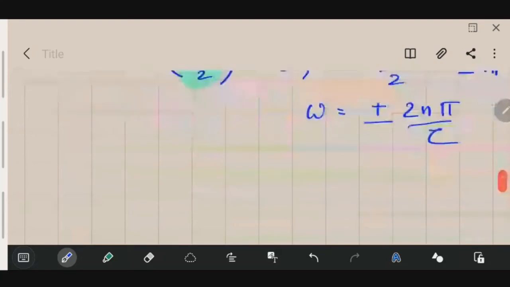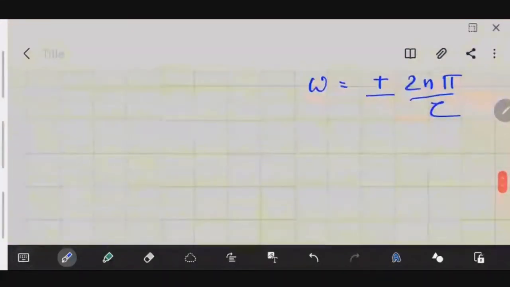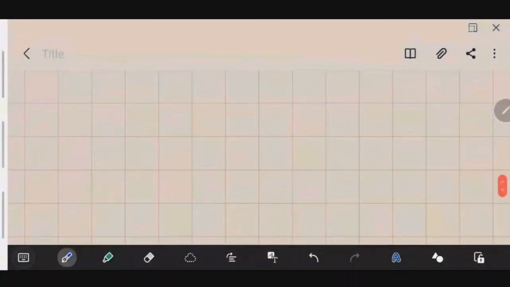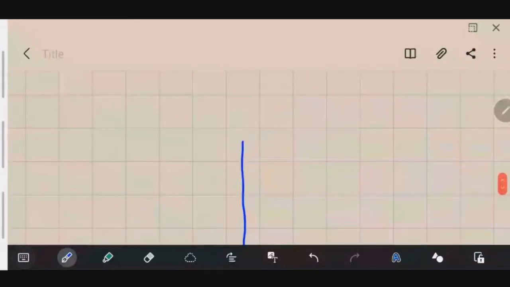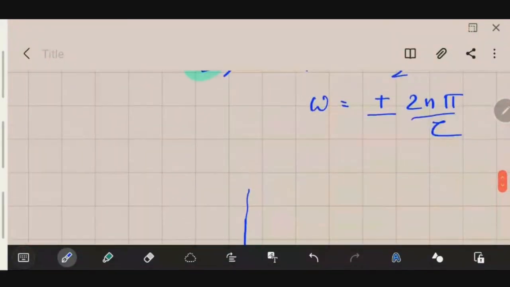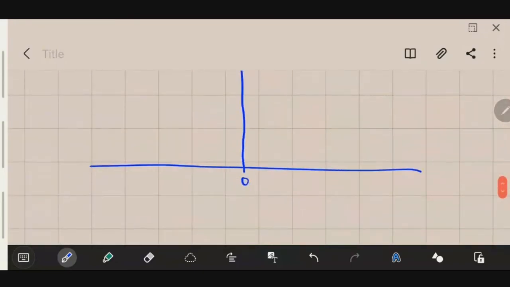So let me plot it. Omega is equal to plus minus 2n pi by tau. Let this be 0. You see where the values are when it is 0: plus minus 2n pi by tau.